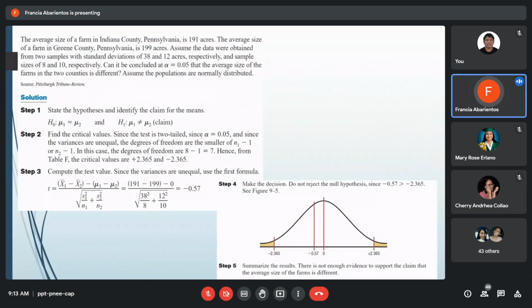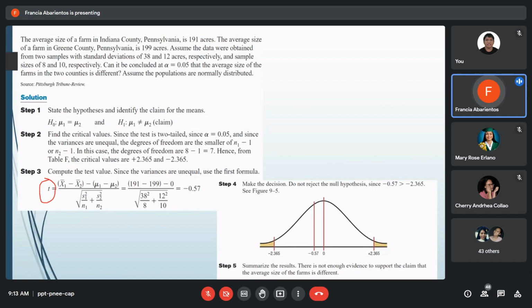Ayan, given sa atin yung data: the average size of a farm in Indiana County, Pennsylvania is 191. The average size of a farm in Greene County, Pennsylvania is 199. We assume that the data were obtained from two samples with the sample standard deviation given, so we will make use of the t-test.